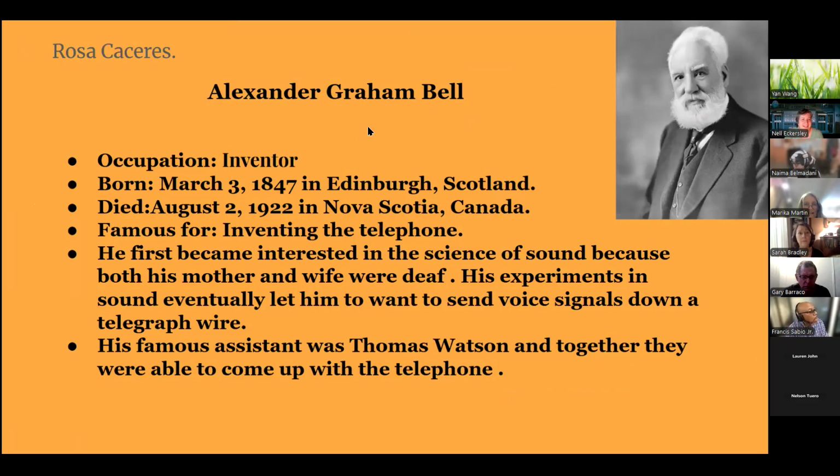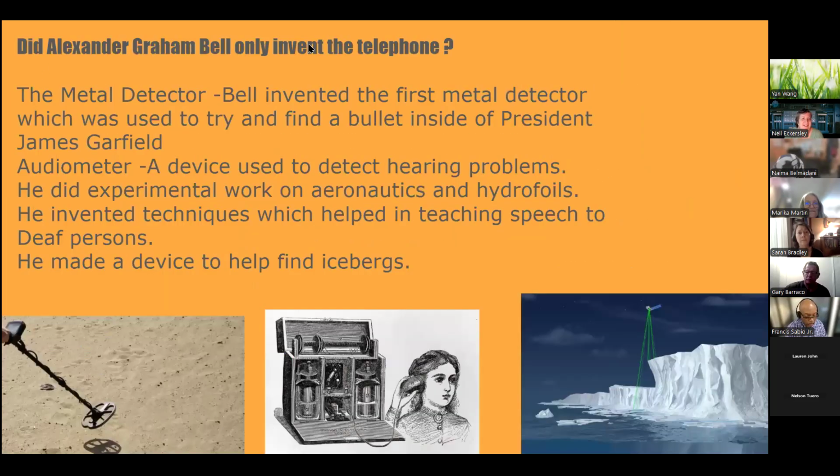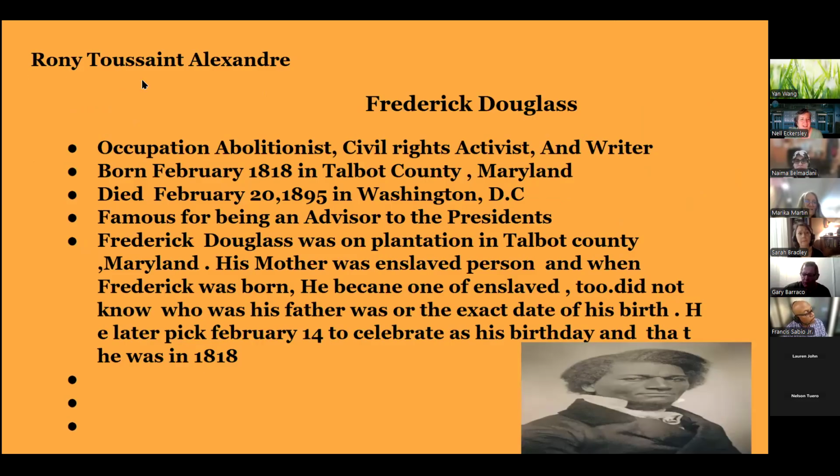Rosa did it on Alexander Graham Bell. Ronnie Toussaint had a little bit of trouble because I don't think he had ever done Google Slides before. He hadn't added a picture, and I was tempted to add some information, but I decided to leave it the way he had it. And I emailed him after giving him his certificate of attendance when he had finished the class.